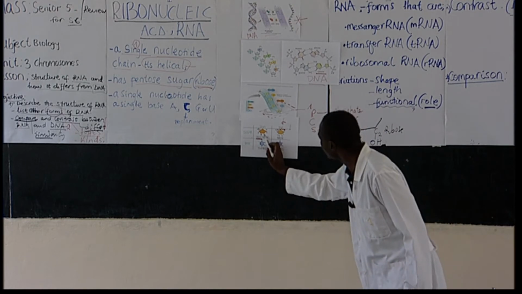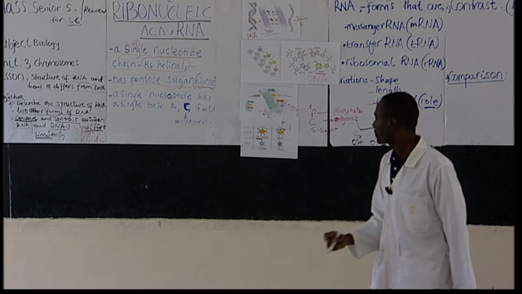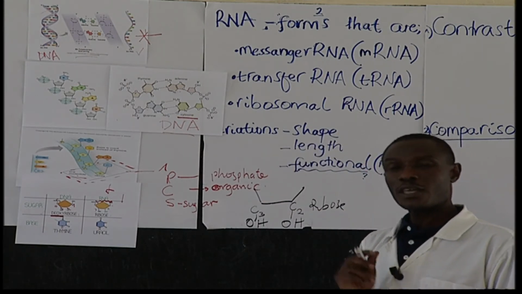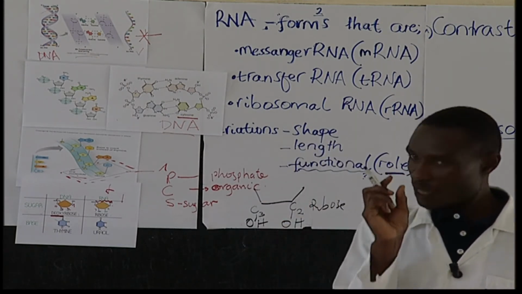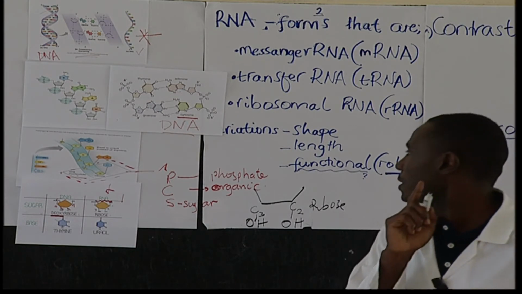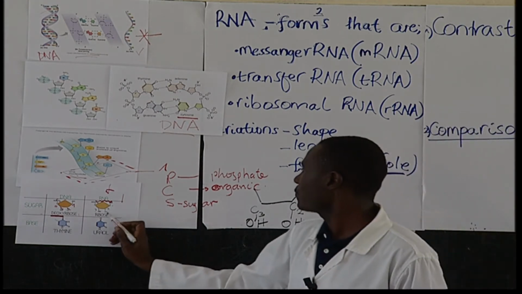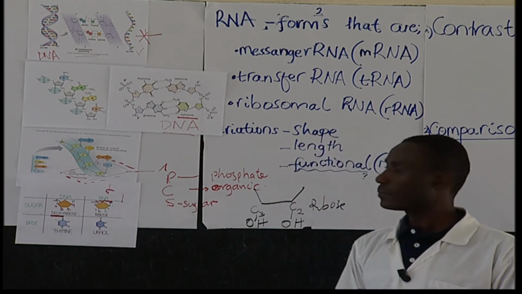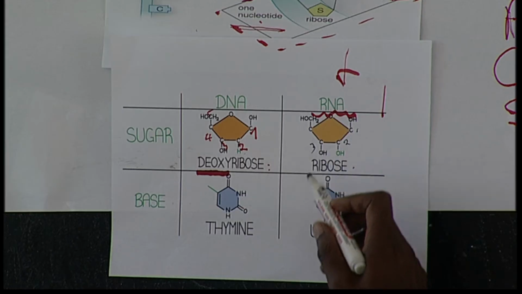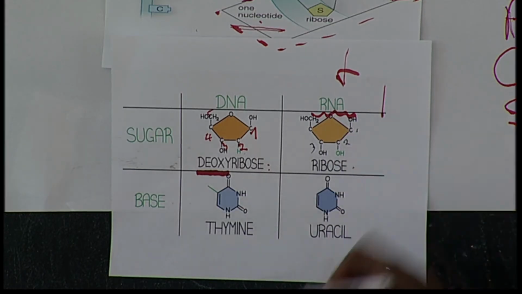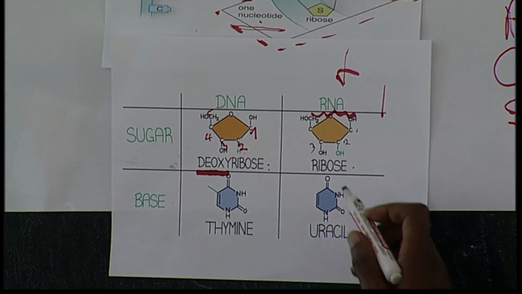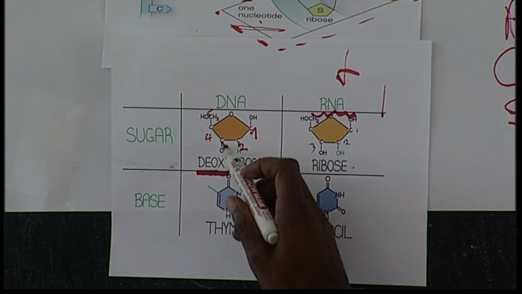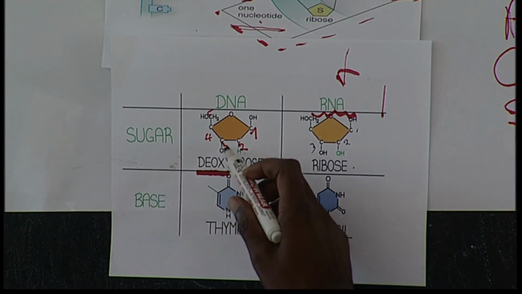We have H, no O, and OH. So it means, therefore, that the difference lies in how many hydrogen atoms we do have, and or how many oxygen atoms we possess. On the third carbon atom, on a ribose sugar in RNA, you have OH. On the third carbon atom, on the deoxyribose sugar, we have OH.